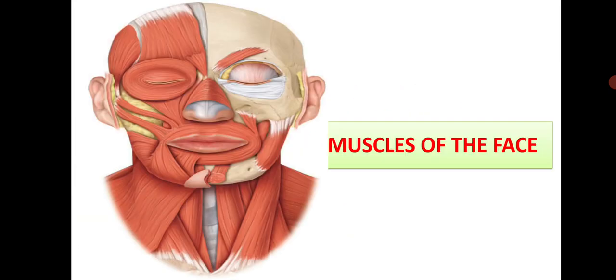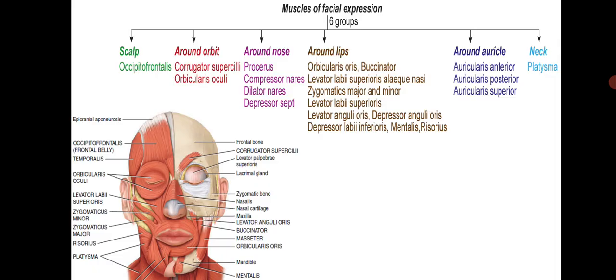Now coming to flowcharts on muscles of the face. The muscles of facial expression are divided into six groups. Number one, on the scalp, occipitofrontalis. Number two, around the orbit, corrugator supercilii and orbicularis oculi. Around the nose, procerus, compressor nares, dilator nares, depressor septi.